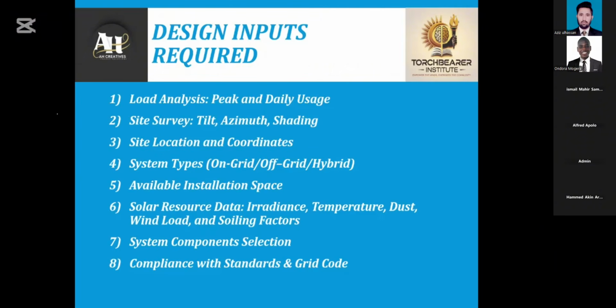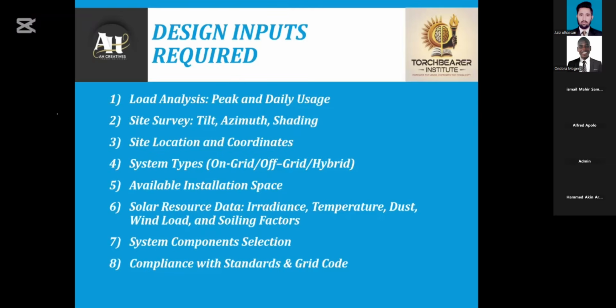The peak demand is the maximum power used in a facility, for example, when all the appliances or equipment are turned on at the same time. The daily energy use is the energy used daily over a period of time. It's very important to consider that during sizing and designing of a solar system.